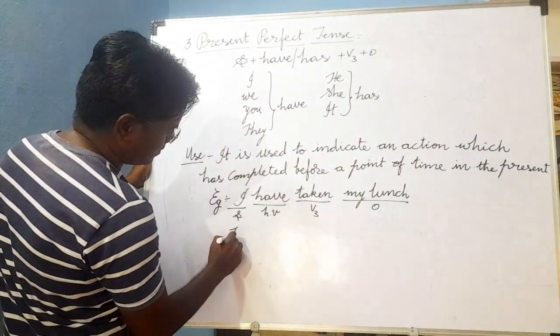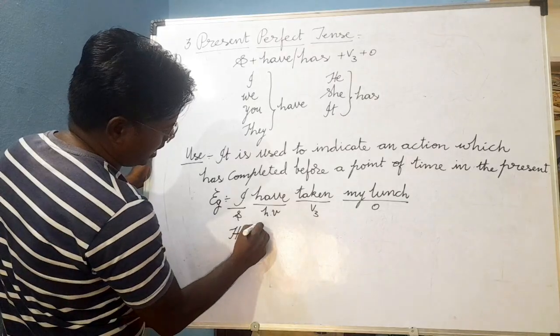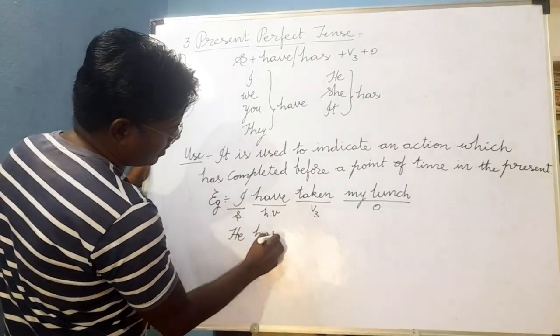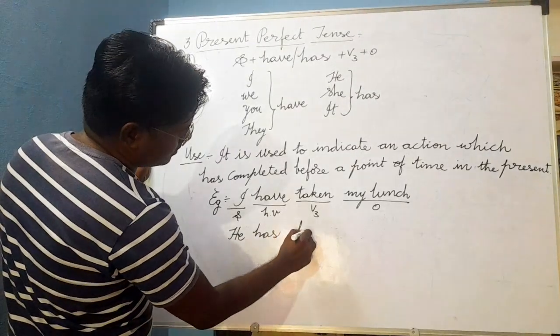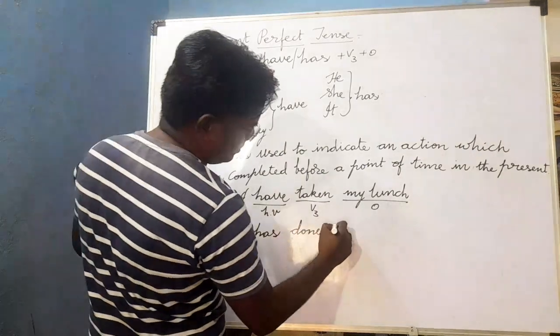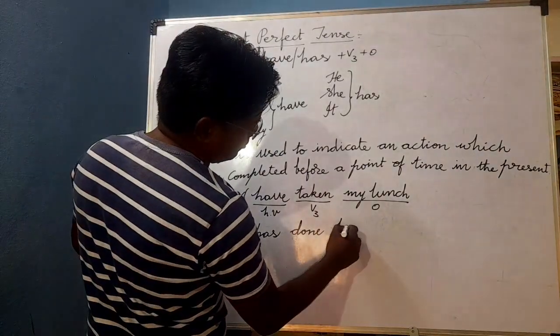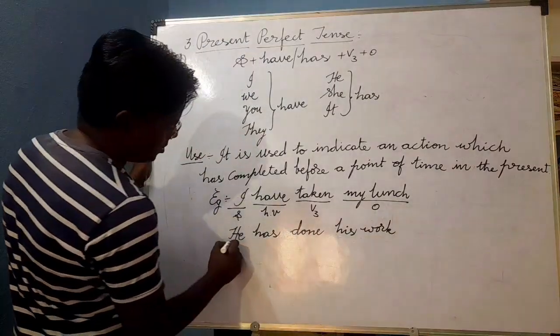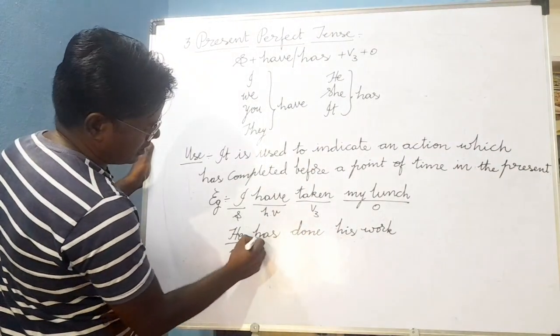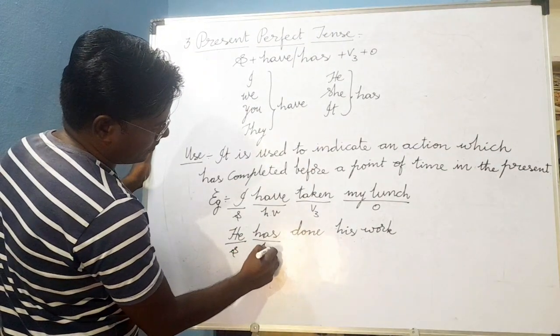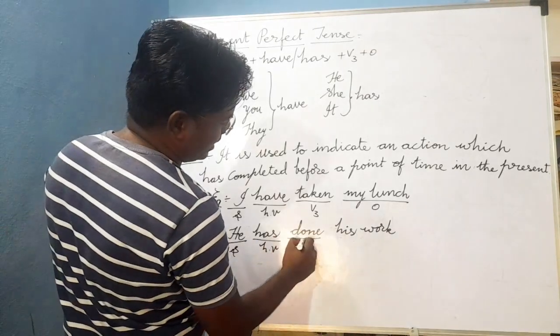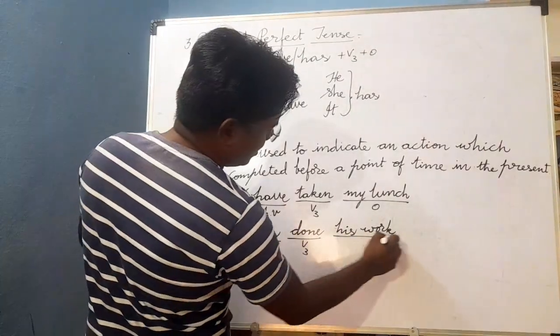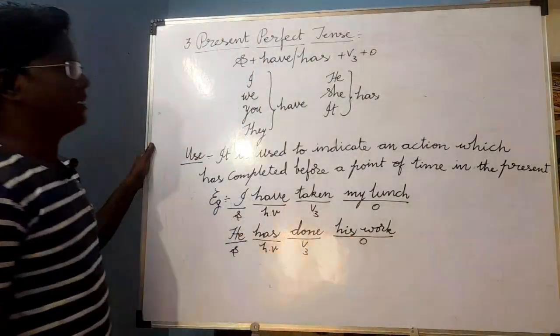Next, he has done his work. He is the subject, has is the helping verb, done is the V3 form, and his work is the object.